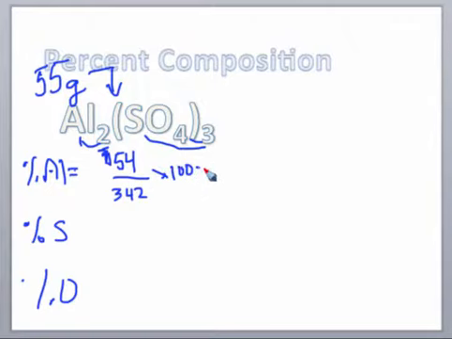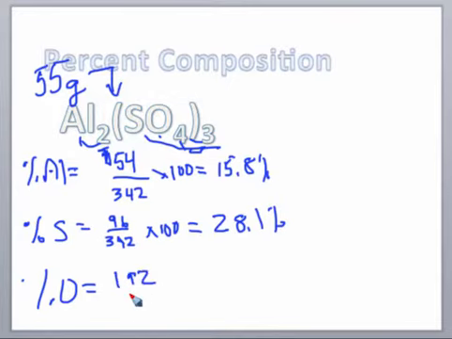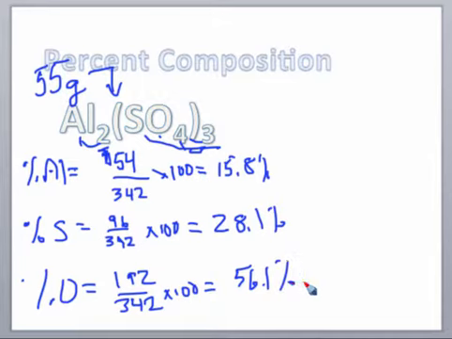So we'll multiply by 100, and we get 15.8%. For the sulfur, we have 96 over 342 times 100, and that's going to give us 28.1%. And then for the oxygen, we have 12 times 16, which is 192, over 342 times 100, and that's going to give us 56.1%.